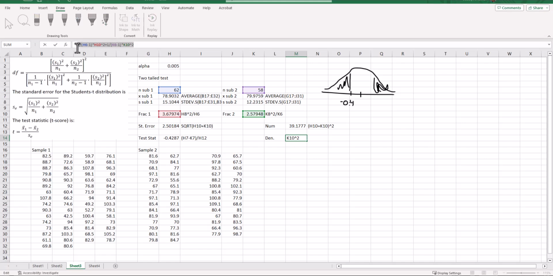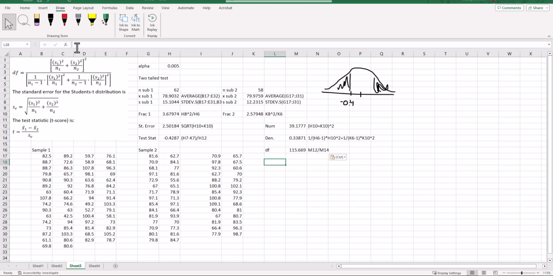I'll copy and paste it over here. And then this means our degrees of freedom is the numerator divided by the denominator. Now we've had a lot of whole number degrees of freedom. This one doesn't really shake out that way.